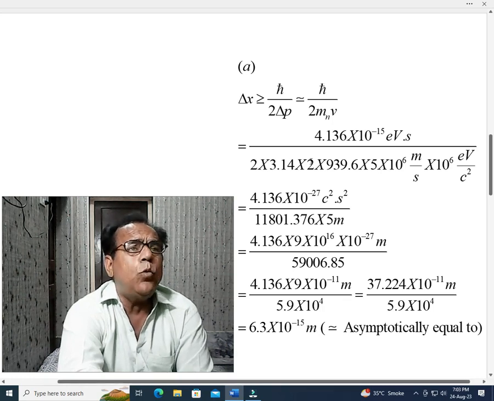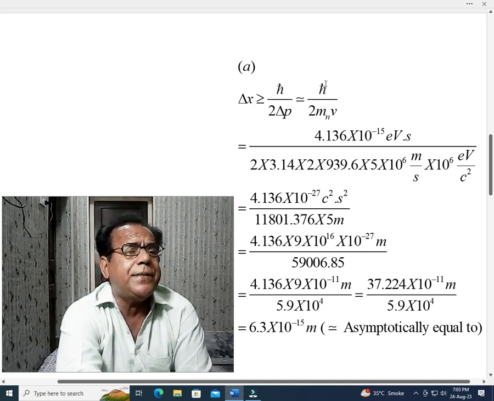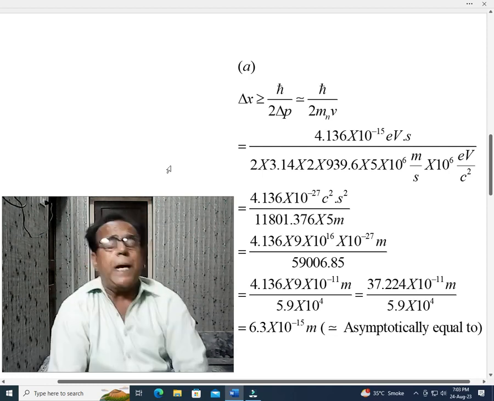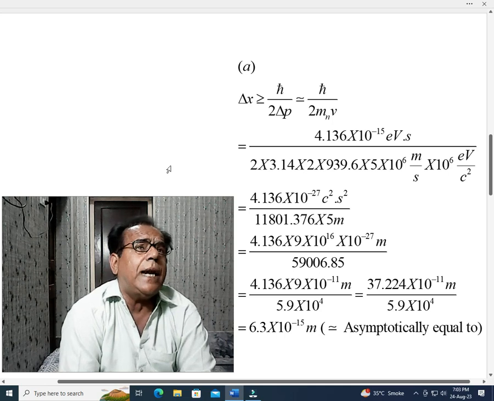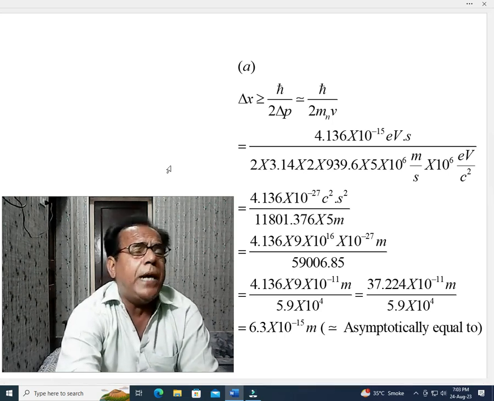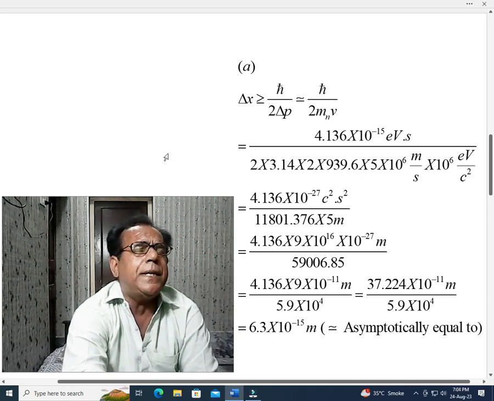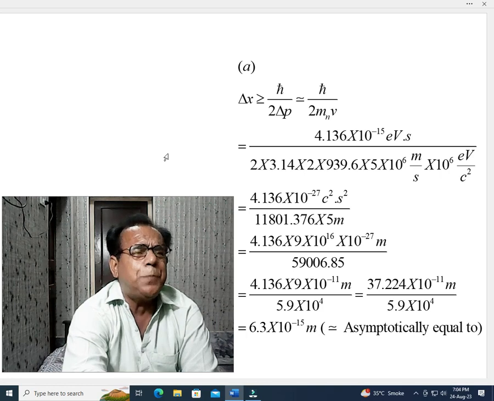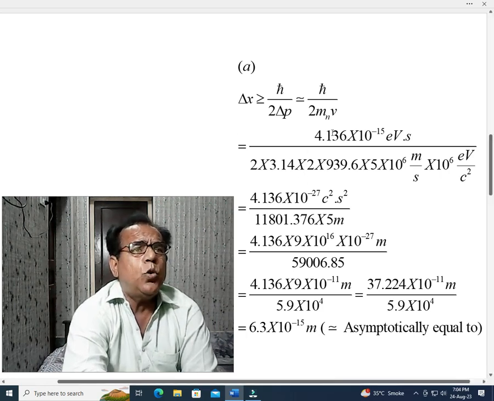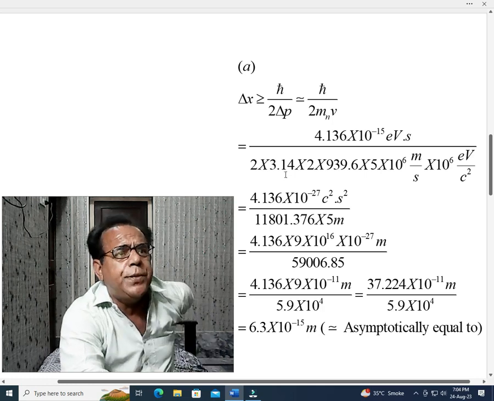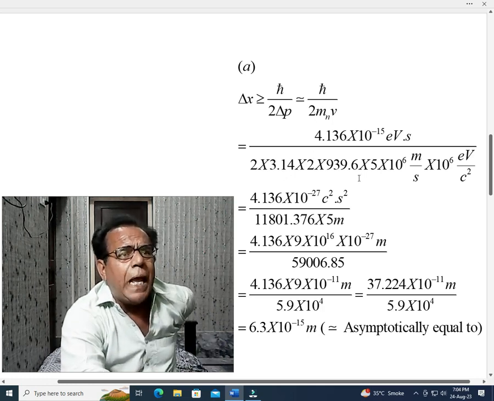In the table only the value of h is given, but we are taking into consideration h cut or h reduced, which is equal to h divided by 2 pi, where pi is 22 by 7, taken as 3.14. Pi is a non-terminating, non-repeating decimal. It is a very special number. So the value of h divided by 2 pi, 22 by 7 equal to 3.14, into 2 into mn.